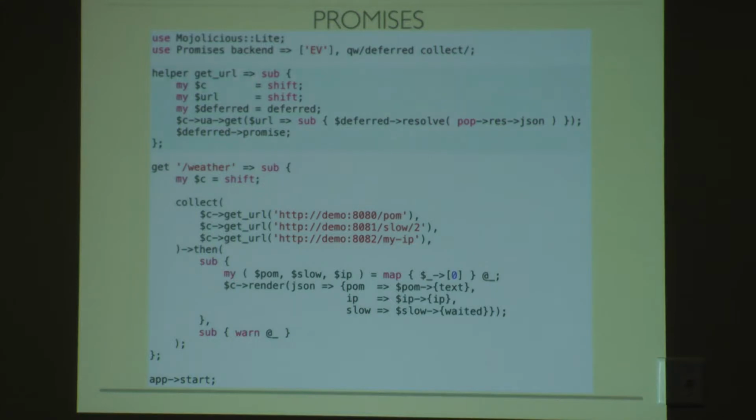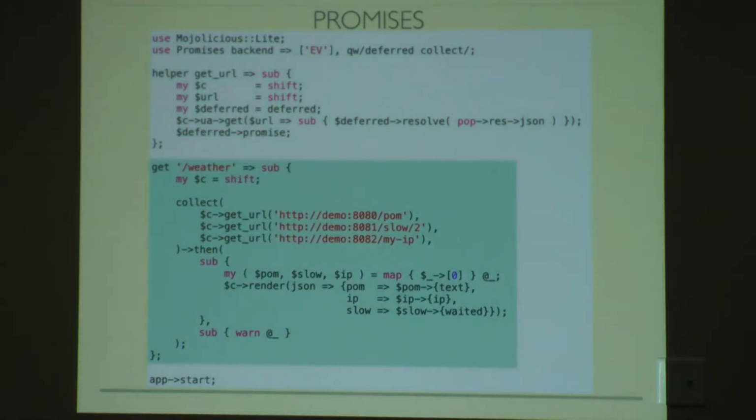The first thing we do here, and in the Perl version you really have to do something like this, is have a helper or a function that wraps your deferred object, which is what implements the promise. Otherwise, you've got lots of boilerplate code. In this way, we crunch up all the boilerplate into one spot.